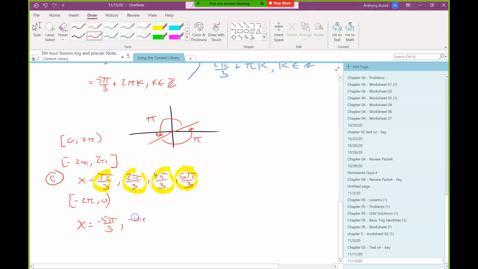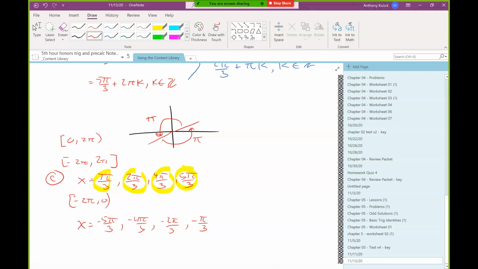I get -4 pi over 3, still bigger than -2 pi. -2 pi over 3, and then -pi over 3. And if I subtract 2 pi one more time, everything's going to be too small, right? Since all of these are negative, if I subtract another 2 pi, I'm definitely going to have something smaller than -2 pi, right? So I'm done. Everybody okay with that?